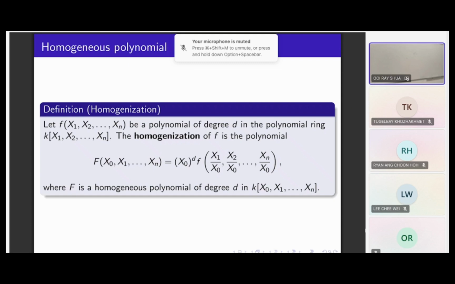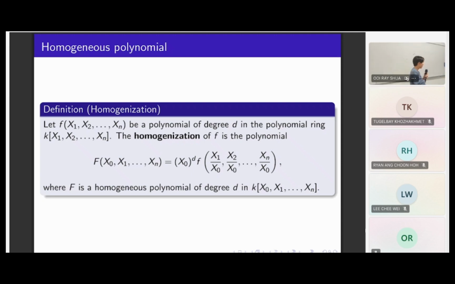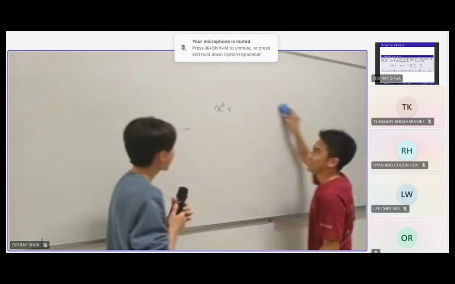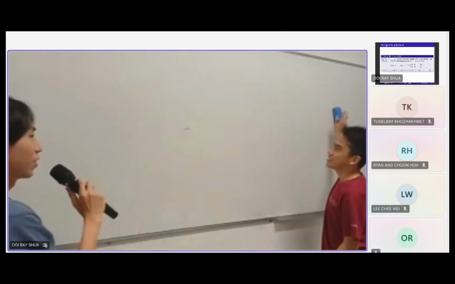Example. You want an example? Give me a polynomial. Your favorite polynomial. What's my favorite polynomial? What's yours? What was that Odell's equation?